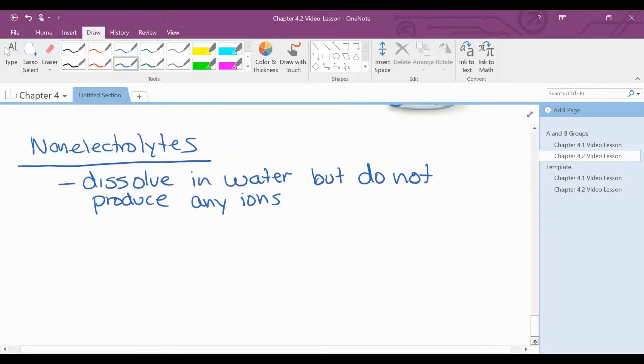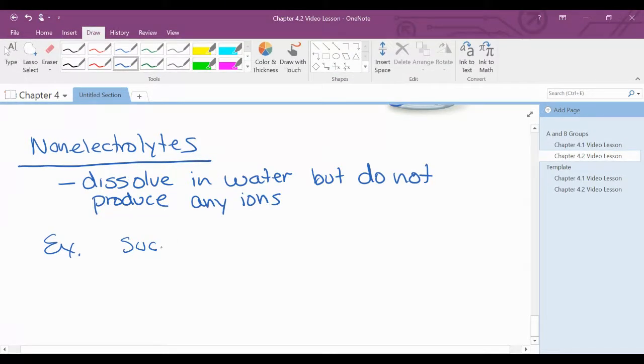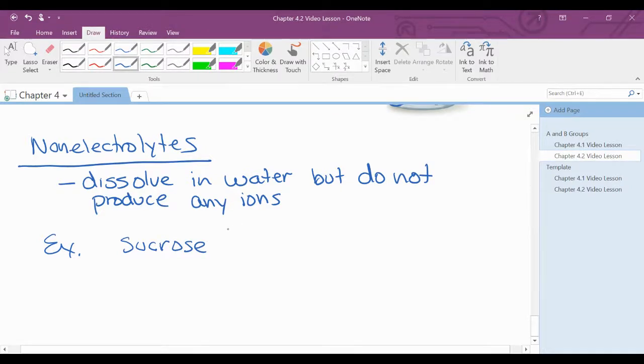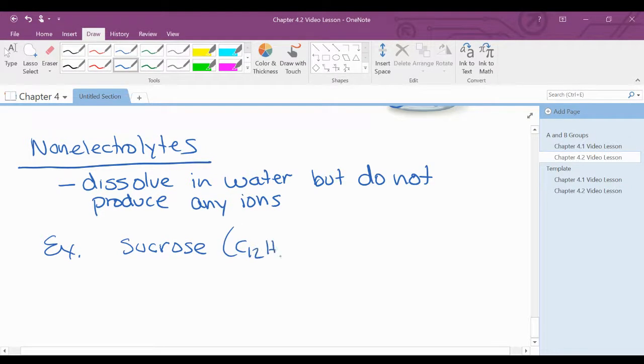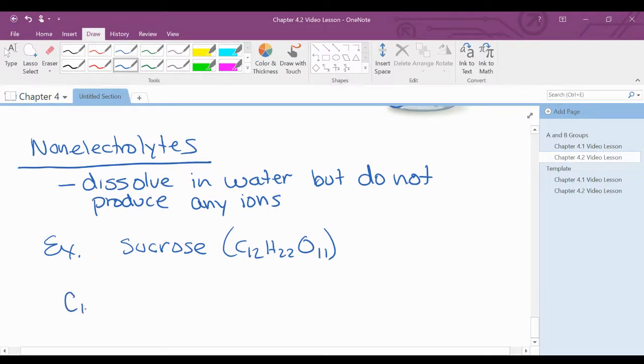And the best example of a non-electrolyte I can give you is sucrose, sugar, any kind of sugar, glucose, fructose. So sucrose is C12H22O11. And you can dissolve sugar in water.